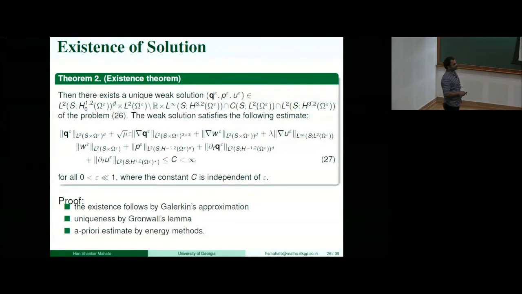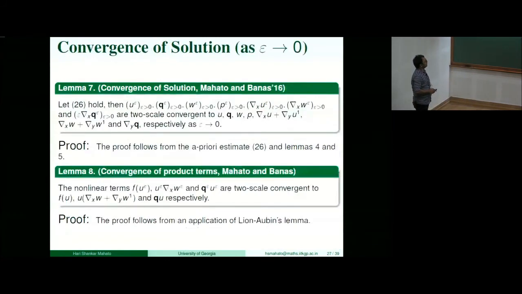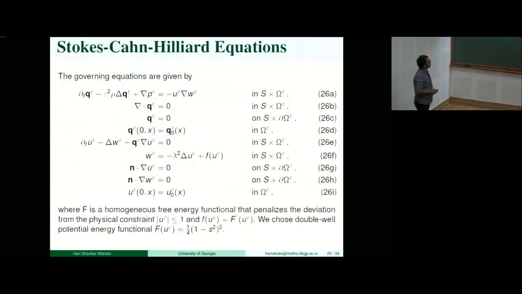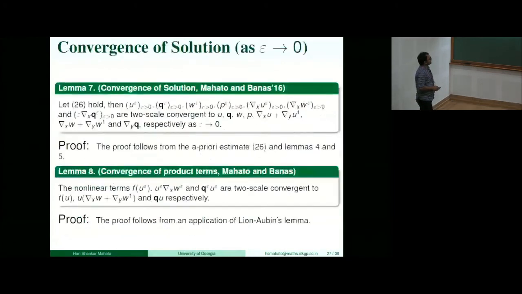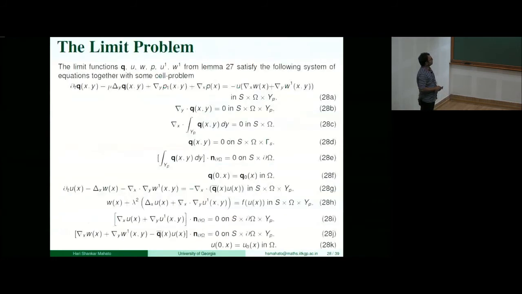Once you have this, we can talk about the two-scale convergence of all the parameters involved here, for example U epsilon, Q epsilon, W epsilon. At the same time, we can show the two-scale convergence for the derivative of the double well potential, the surface tension term, and the product of Q epsilon and U epsilon. Based on this, this is how your upscaled model will look.